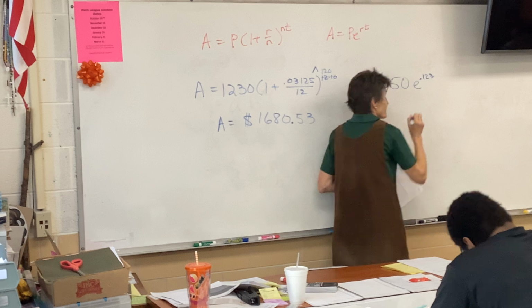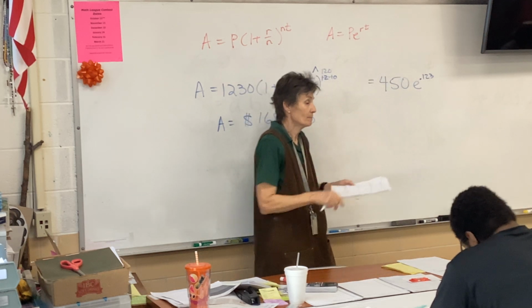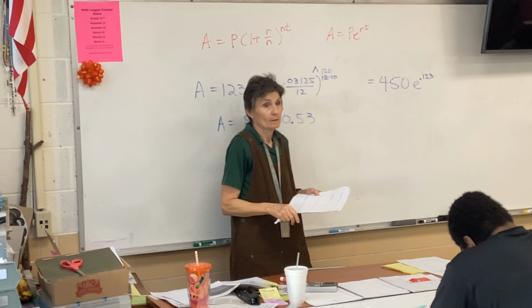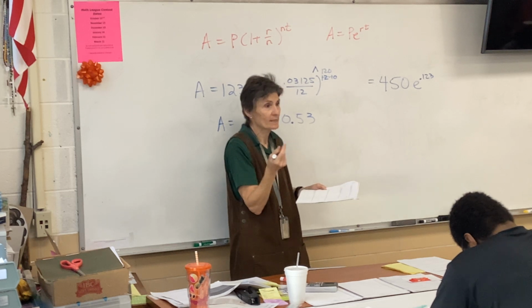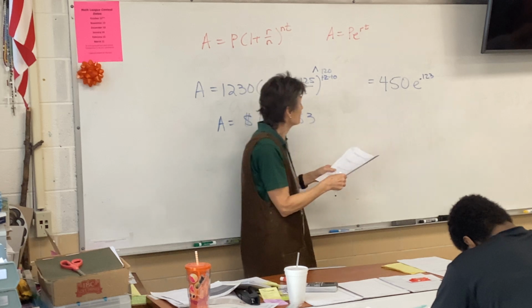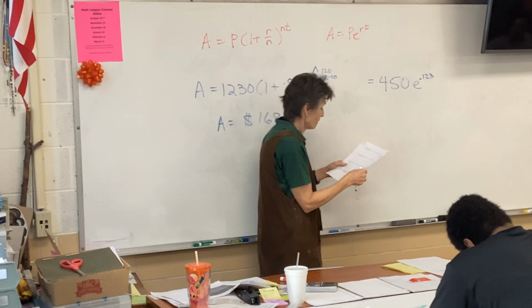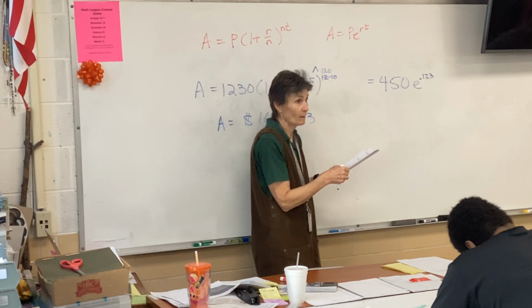The growth constant is the same as the interest rate in a money problem. So this is 12.3%, but they just wrote it as a decimal, which is how it's usually written when it's a growth constant. Wait, do I know T? No, in fact, isn't T what I'm looking for? Yes.